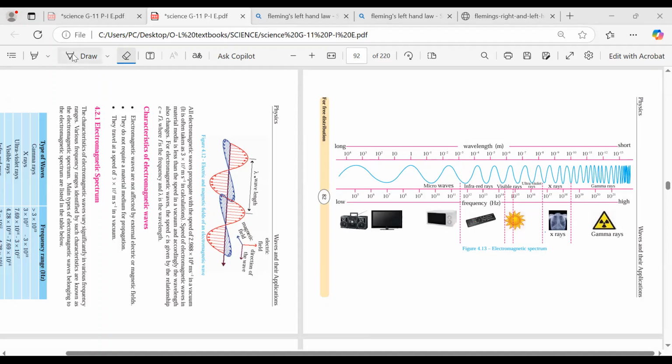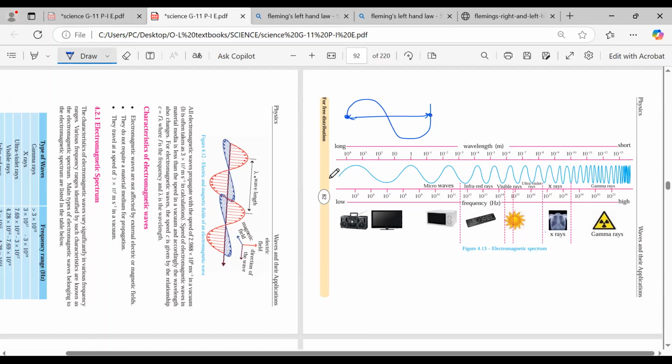Can you see? Okay, in the last class, we learned a term called wavelength. Can you remember what a wavelength is? You have to measure it from peak to peak or crest to crest. So I'm taking from this point to this point.